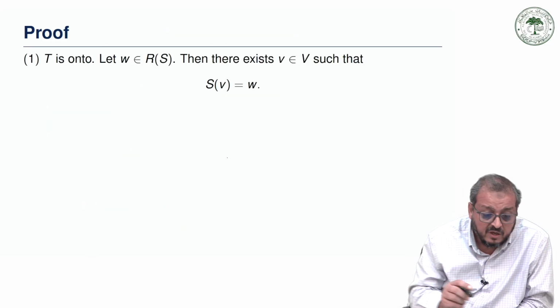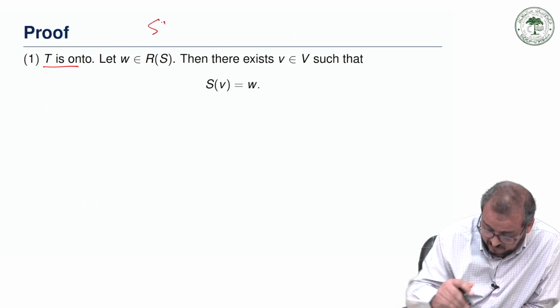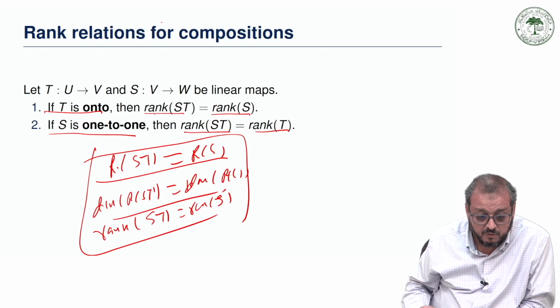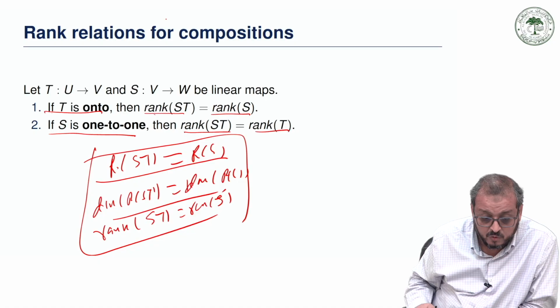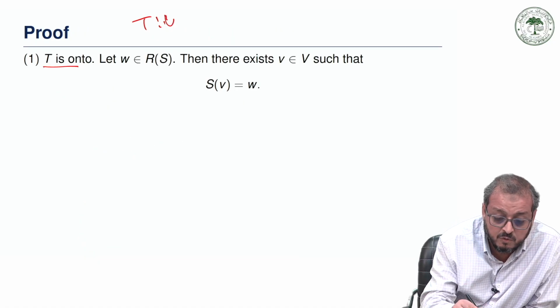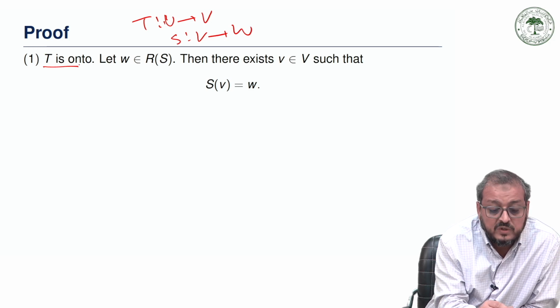Okay, let's try it. We have a map T from U to V, and S from V to W, so the composition is well defined. Now T is onto, as given.